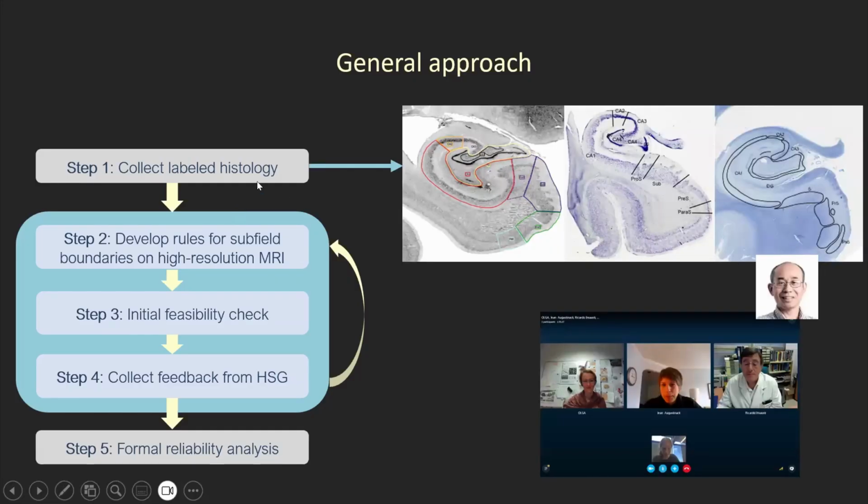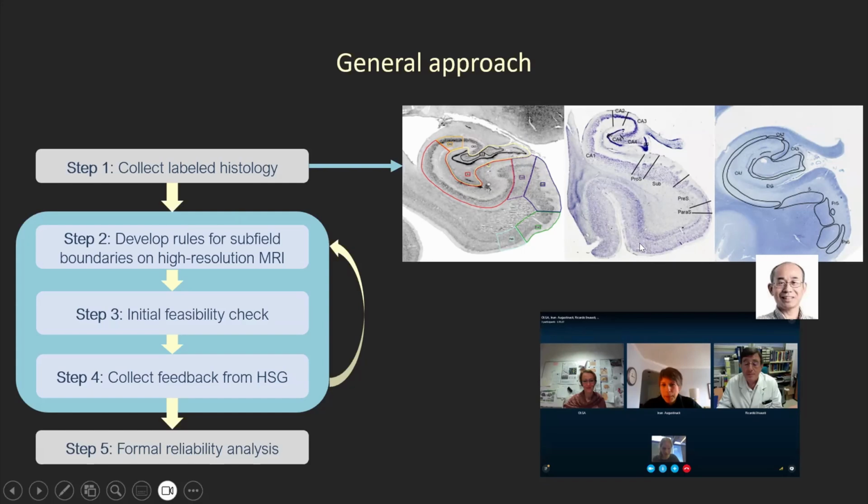We have been extremely lucky to have been working with 4 amazing neuroanatomists, including Ricardo, of course, who have been extremely generous with their time and their resources. They have been creating these labeled histology sections for us, which we can then use to come up with rules for the MRI.